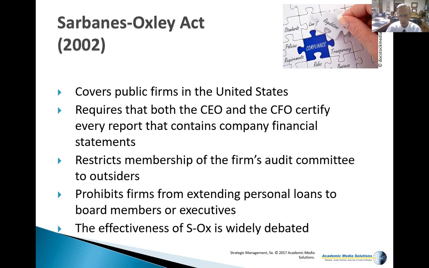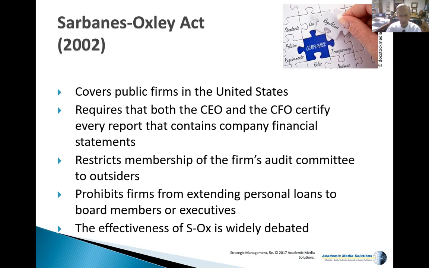For instance, it required the CFO and the CEO both to sign financial and other public statements. The audit committee that reviews financial statements cannot have a member of corporate management. The corporation no longer can extend personal loans to executives or board members.